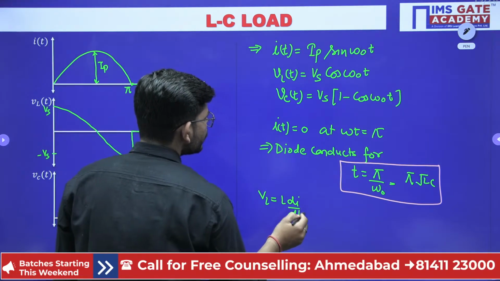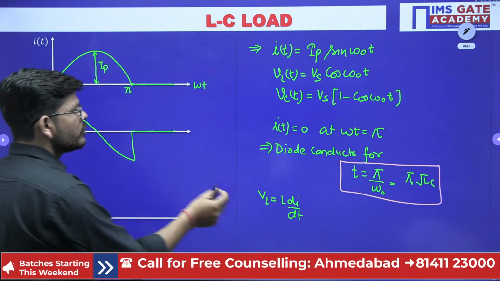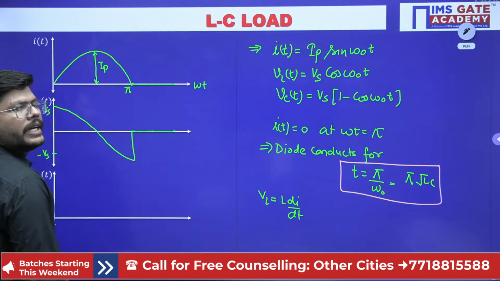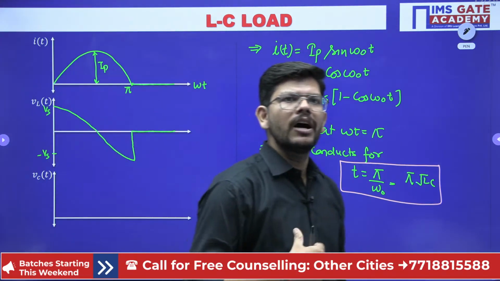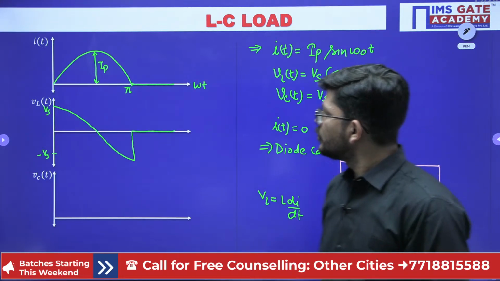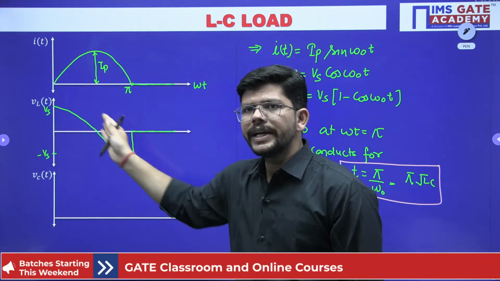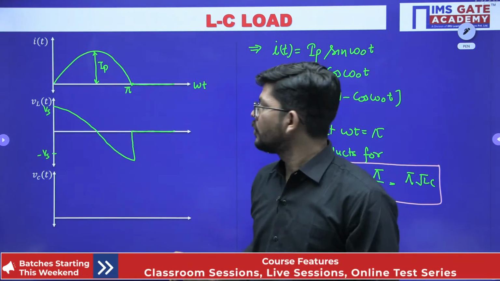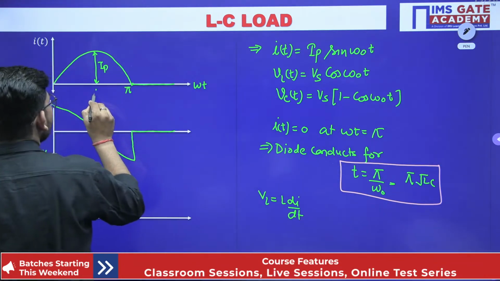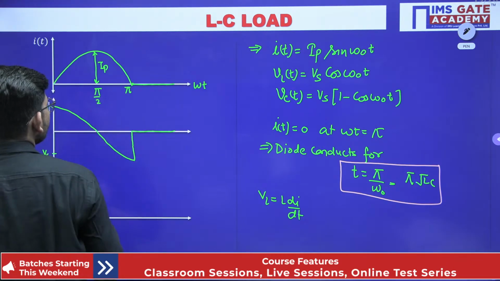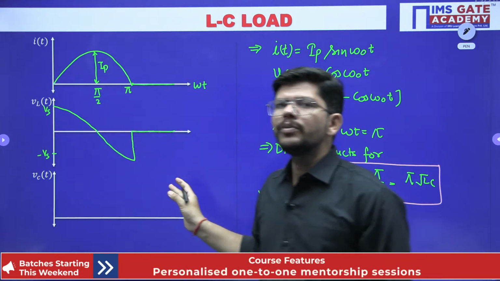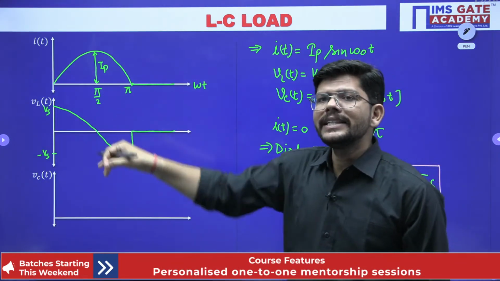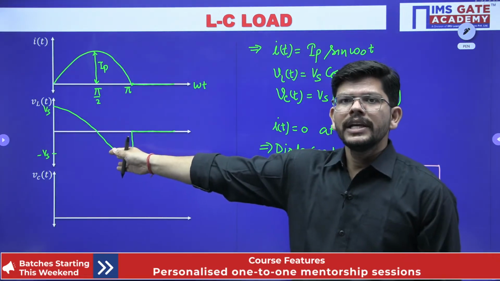If there is no change in current, how can the inductor voltage be there? Initially it is positive, finally it is negative. From 0 to pi by 2, the inductor is storing energy, and from pi by 2 to pi, the inductor is releasing its energy, and that's why its voltage is negative.